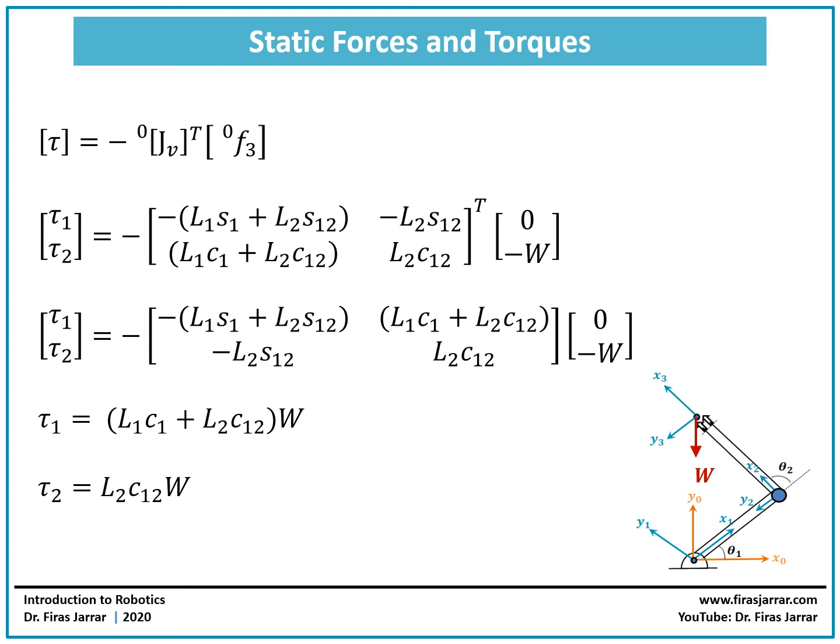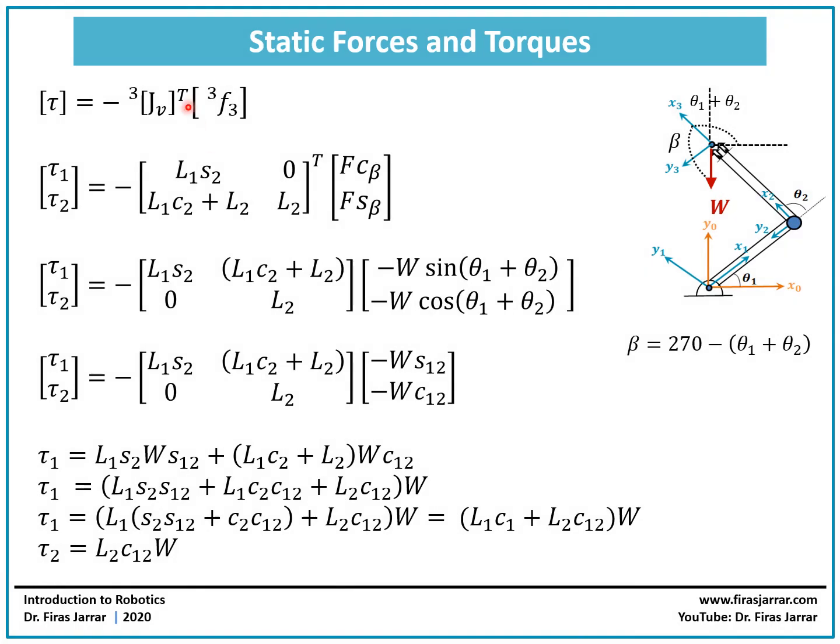You will see that it's going to be a bit more difficult than this case, but just to make sure that you understand how it is done. Here we're going to solve this, this time with everything in the end effector frame. So this is the Jacobian expressed in the end effector frame. We're going to take the transpose of it.